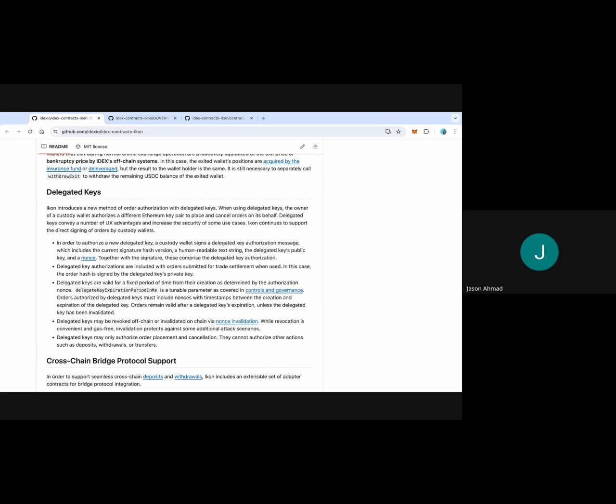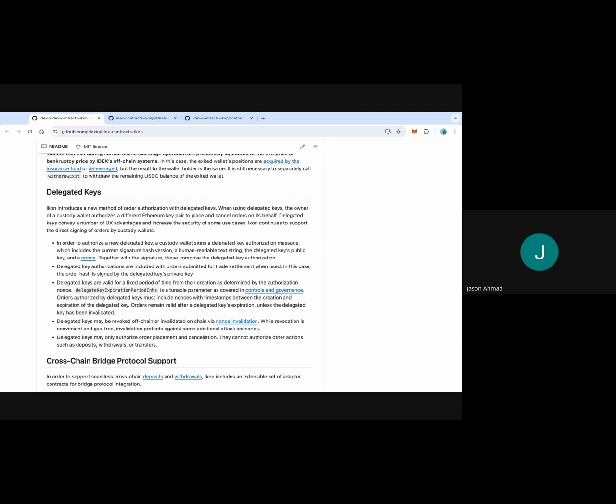Obviously, that's a bit of a clunky process through something like MetaMask or hardware wallet. In order to make that really seamless and have a very similar experience to a centralized exchange, delegated keys are authorized by the depositing wallet, and then are allowed themselves to sign all the order parameters to place an order.